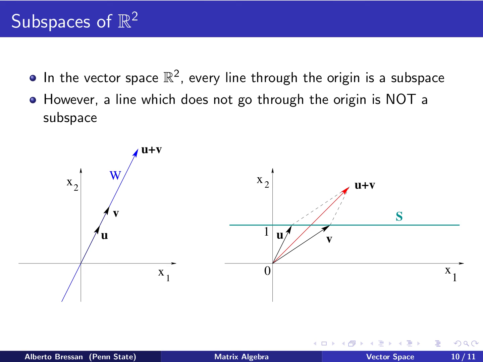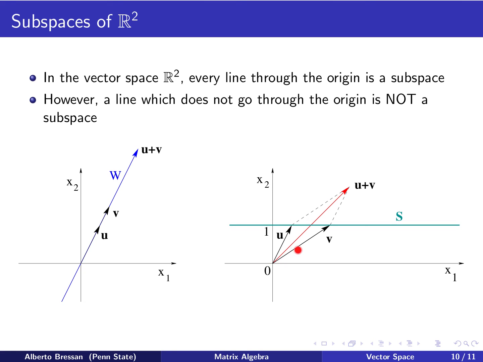However, if you take a line that does not go through the origin, then the set of all the points on that line is not a subspace. Let's take an example here. Let's consider a horizontal line going through 1, for example. We have one element u, a vector pointing to the end point on this line.